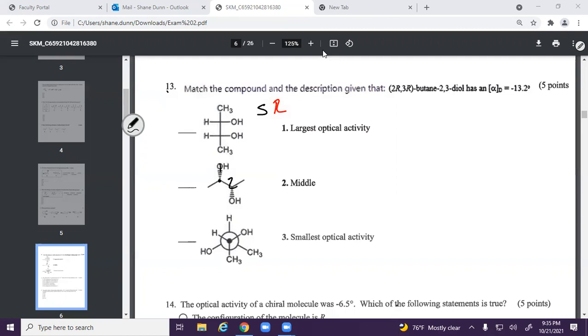Here, 1, 2, clockwise. But since our hydrogen is a wedge, it's the exact opposite. So S. That makes that normally R, SS.